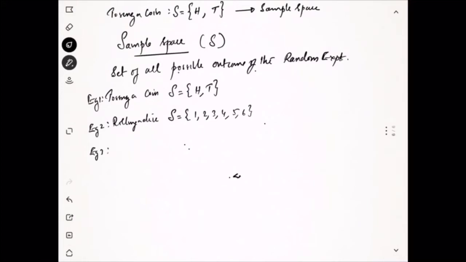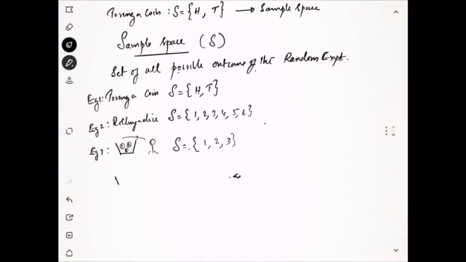And another example, we have rolling a dice, and next, selecting a ball from the urn. For example, we have an urn like this, and there are 3 balls in the urn, and we are picking one ball. Now the sample space contains either 1 or 2 or 3 we may get.